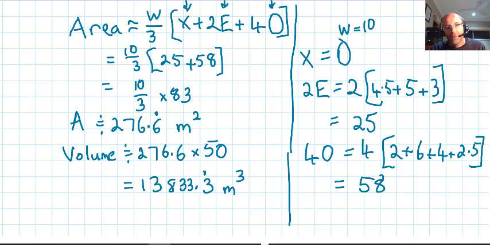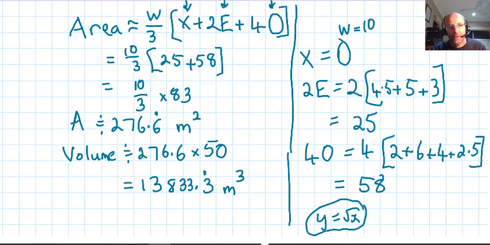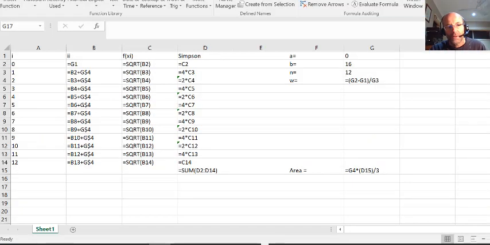And also, even if it's a function too, like the one I'm about to show you for the function y equals square root of x, Simpson's rule could find the area under the curve for that via, say, Microsoft Excel. An example might look like this spreadsheet here.